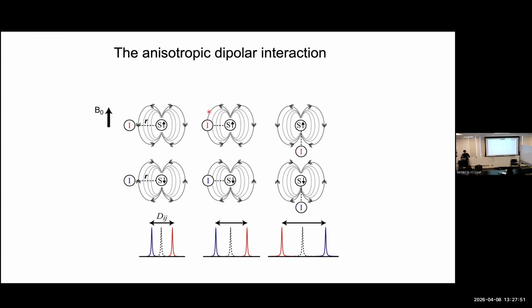And remember how we mentioned that when you're at 90, you only get a -1/2, whereas when you're at 0, you get a doubling of that effect. Well, the doubling can be understood when I have an orientation of theta equals 0. When I'm spin I, now I'm enjoying two lobes of the magnetic field, right? I'm getting the left and the right, so I'm getting a slightly greater enhancement. And when I'm spin down, I'm getting a slightly bigger opposition.